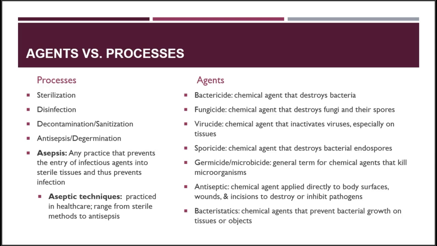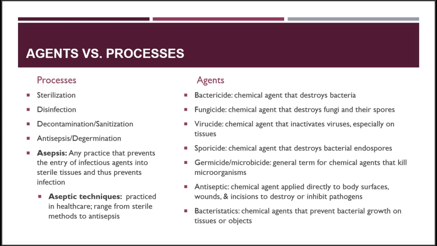Fungicide is a chemical agent that destroys fungi and their spores. A viricide is a chemical agent that inactivates viruses, especially those that are found on tissues. A sporicide is a chemical agent that destroys bacterial endospores. A germicide or a microbicide is a general term for any chemical agent that kills microorganisms. And this is how we're going to refer to most agents, as germicides or microbicides.